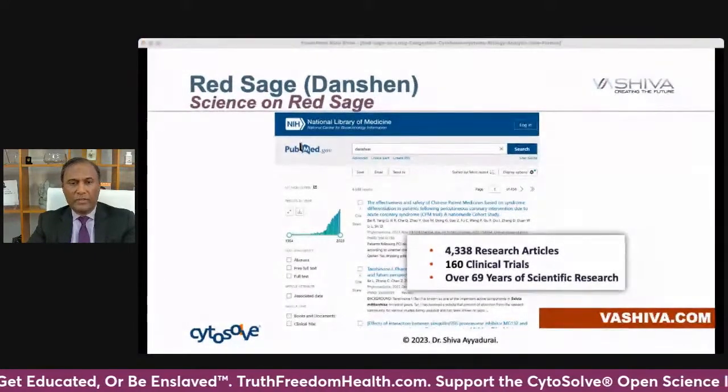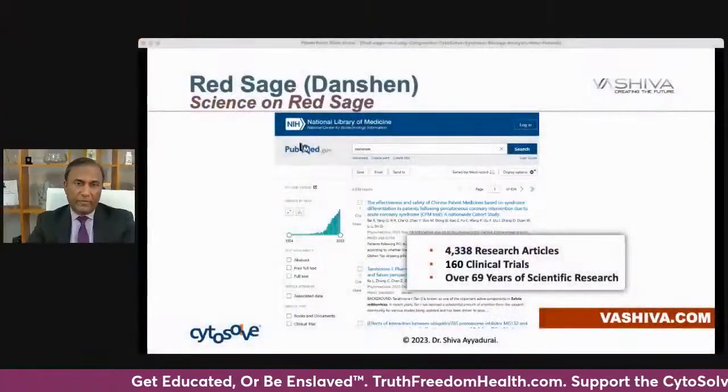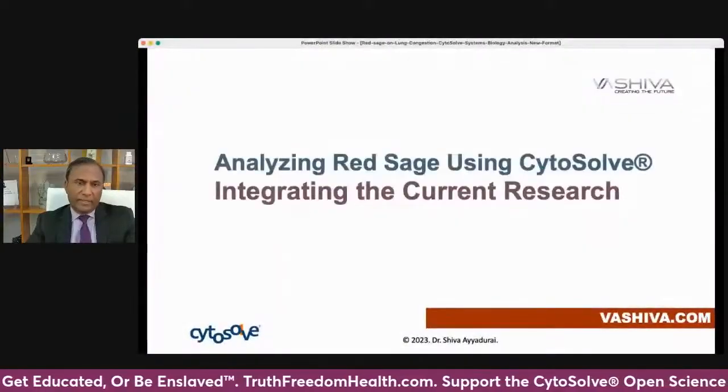What we do with CytoSolve, to really benefit all of you and humanity, is take all of that research, which no one person could do, but with our technology that's been donated for public use, we analyze all of that research relative to lung congestion. That's the power of CytoSolve. Briefly, how does CytoSolve do that?